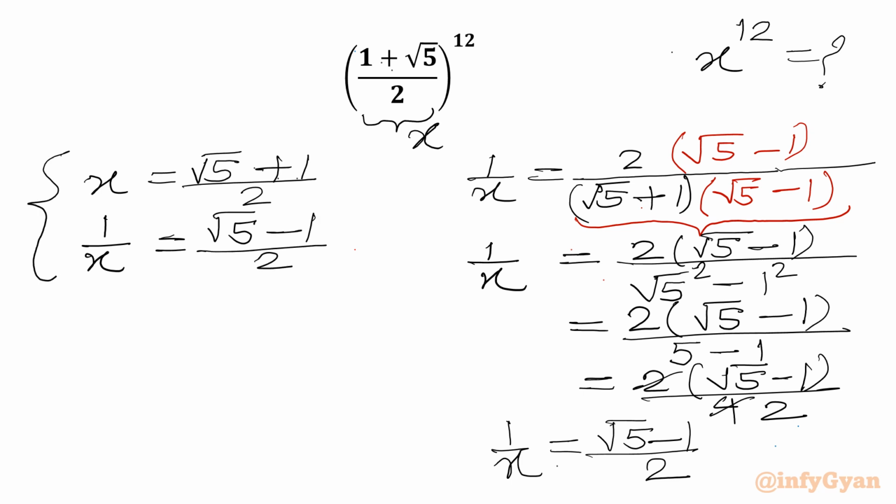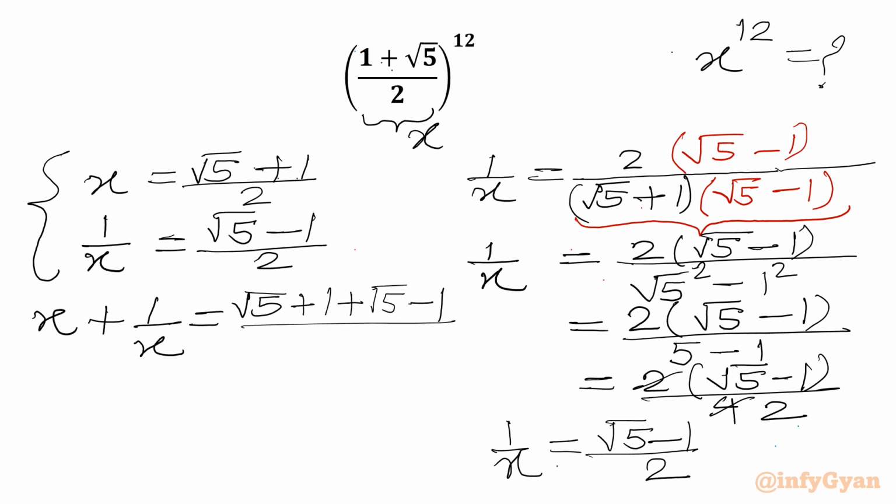Now we will add these two equations. So x plus 1 over x will be equal to (square root 5 plus 1 plus square root 5 minus 1) over 2. So plus and minus 1 will be over.